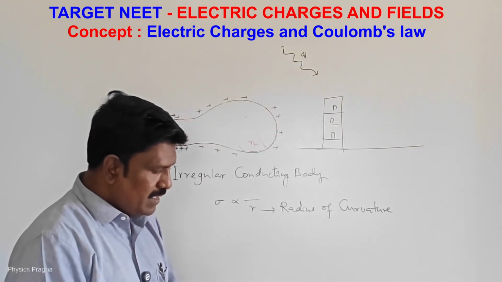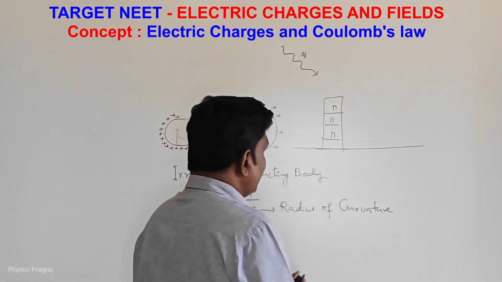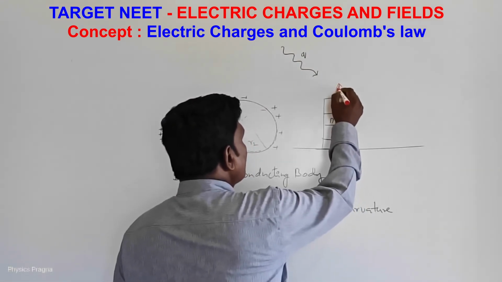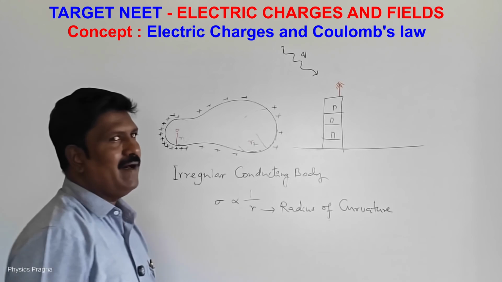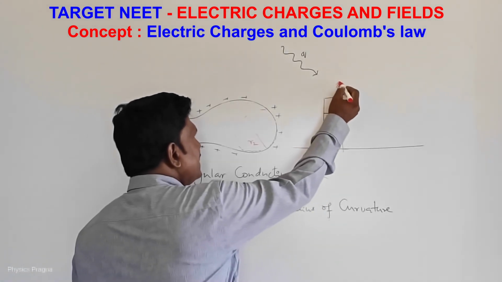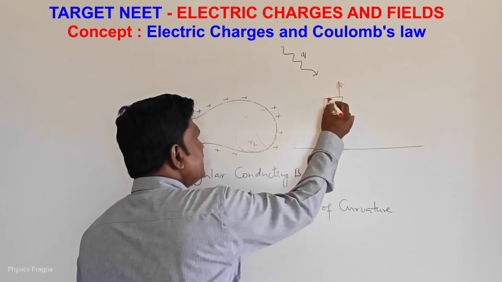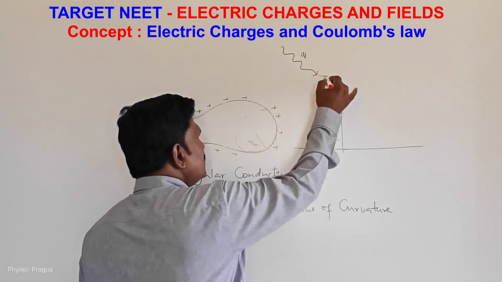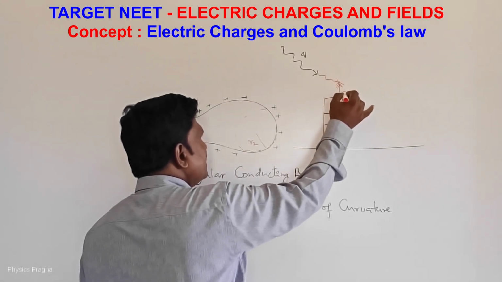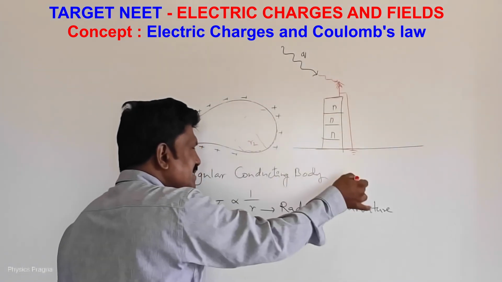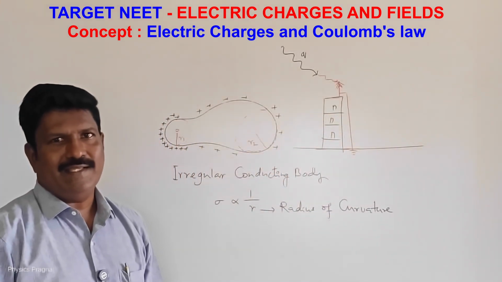So how to safeguard here? They will place a copper umbrella. The radius of curvature of this copper umbrella surface is very small, while here the radius of curvature is very large. So the lightning will come here. This is connected to the ground, so all the excess charge will go into the ground.